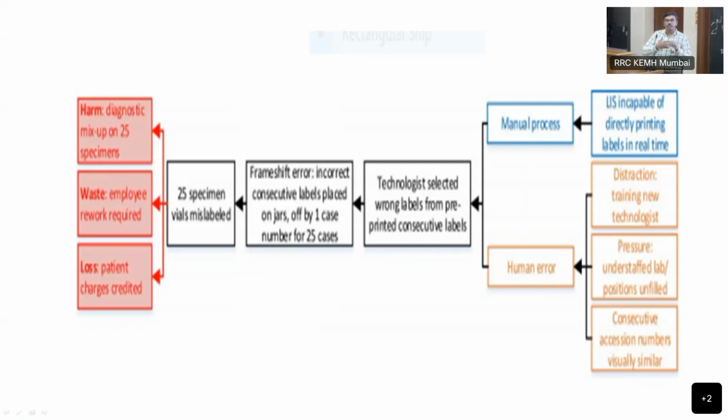So that was because she could not see the barcode.